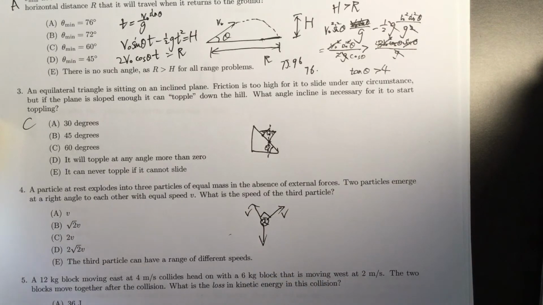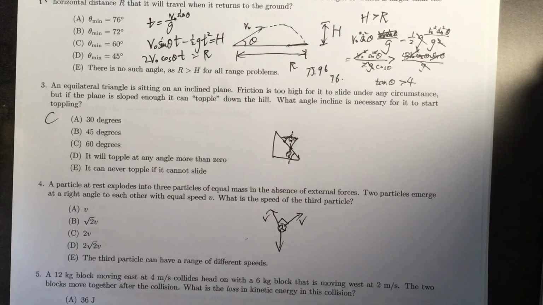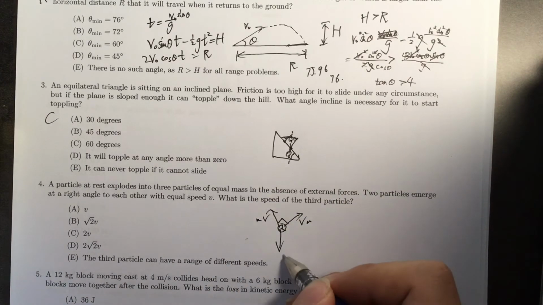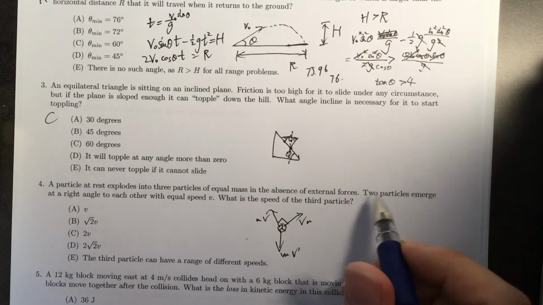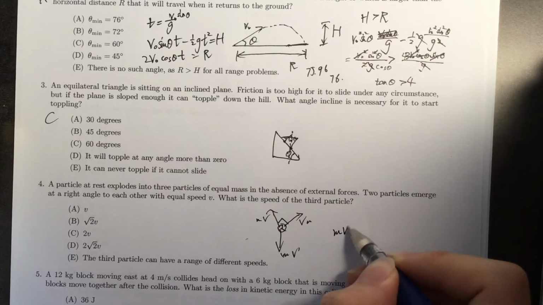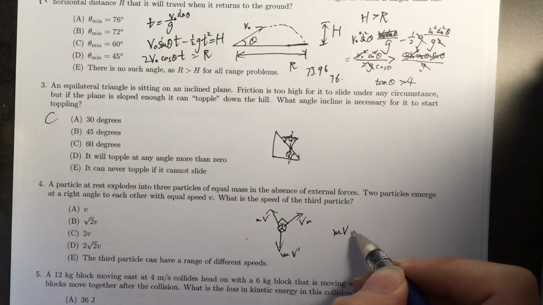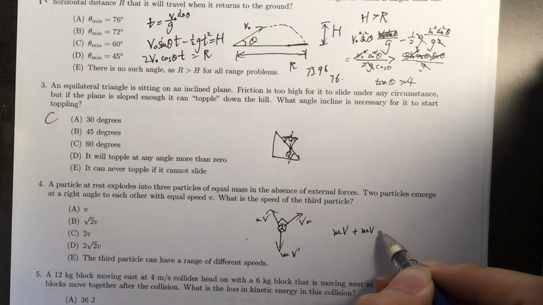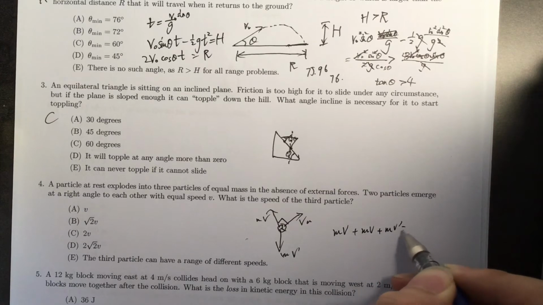So according to the conservation of momentum, and these have the same mass, mv, and mv prime. So mv plus mv plus mv prime has to equal 0.